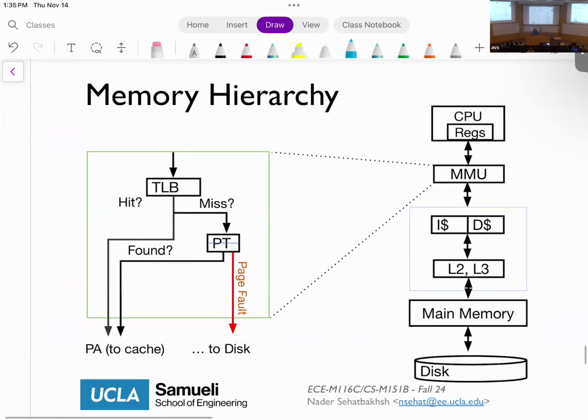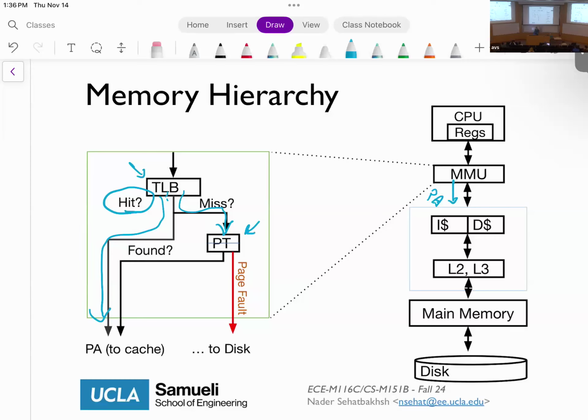All right, so that's the updated picture that we're going to have. We're going to have the CPU, the registers, the MMU. What the MMU does is that it first checks the TLB. Most of the time, it's a TLB hit, which means that we have the address, and from there you're going to have the physical address. Then we're going to check the page table.